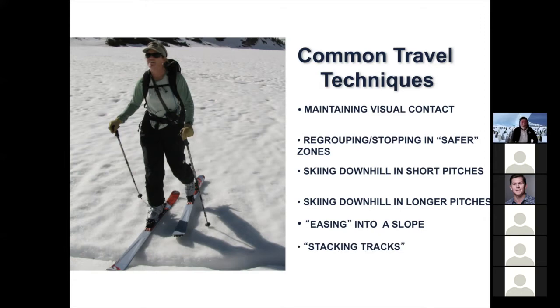Stacking tracks. And rather than just spreading out massively across a slope, leader will go down, somebody ski just close to him, somebody to there. We all get our nice fresh snow. And if there's a lot of people around, stacking tracks is just sort of a polite thing to do rather than tracking up the entire slope.